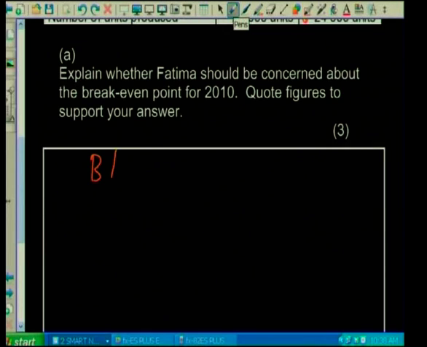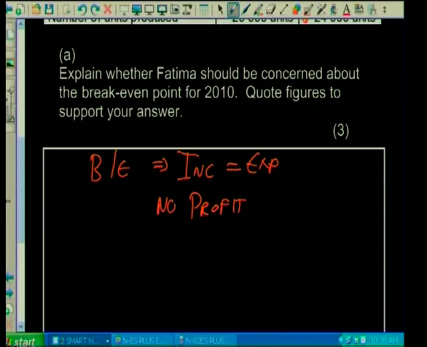In other words, at this point of break-even, my income is equal to my expenses. There is no profit at this point, nor is there a loss. That's what we mean by the point of break-even.